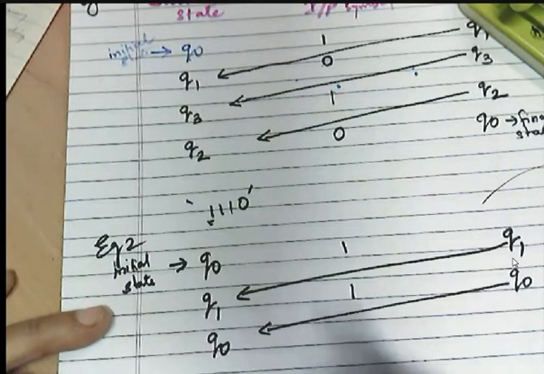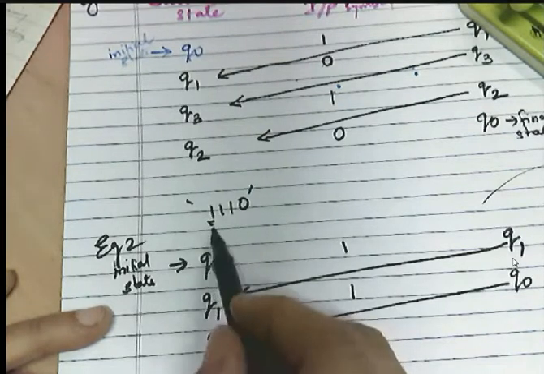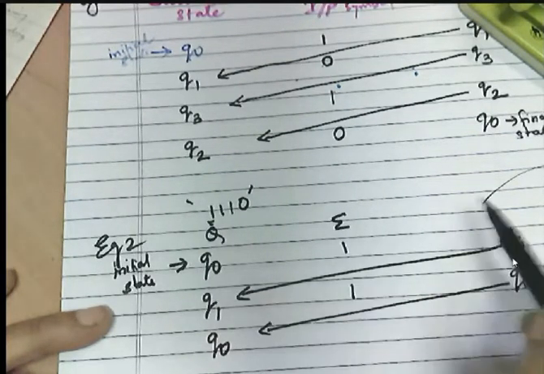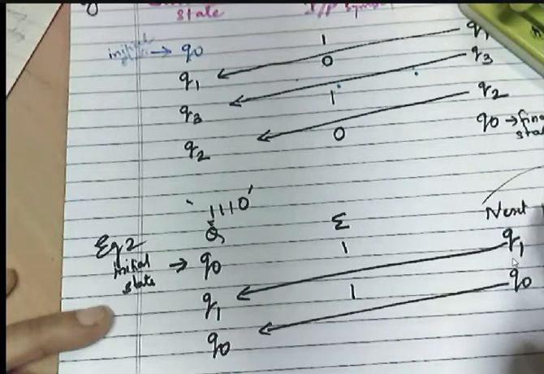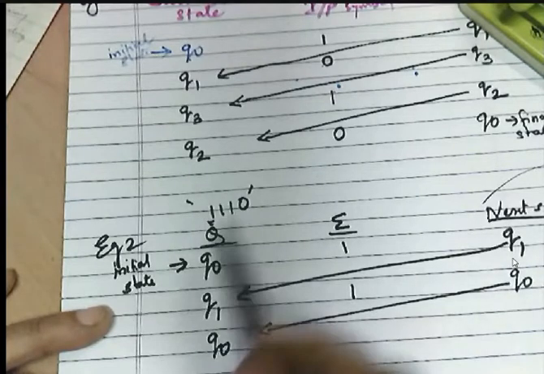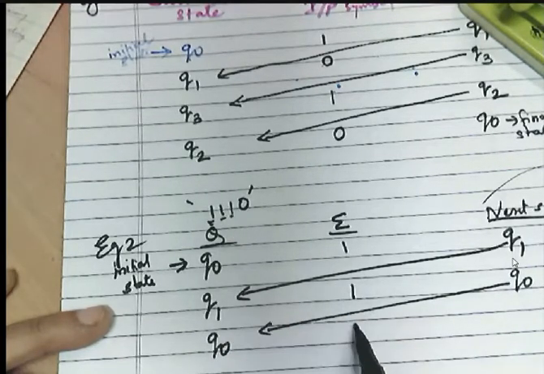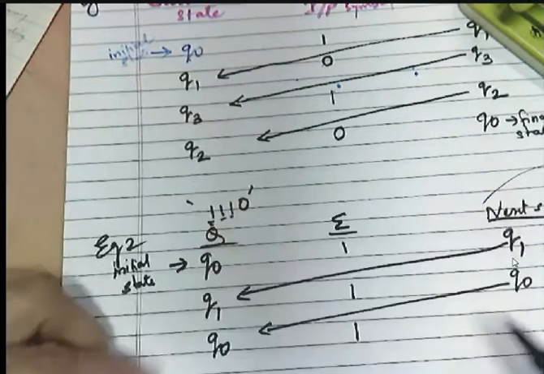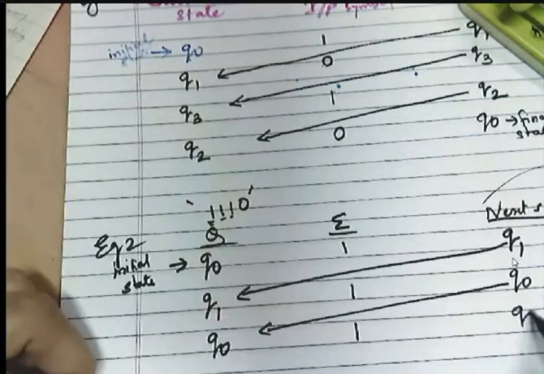Now at Q0, next input will be 1. Q0 on 1, just like we have just seen, is moving again to Q1 state.